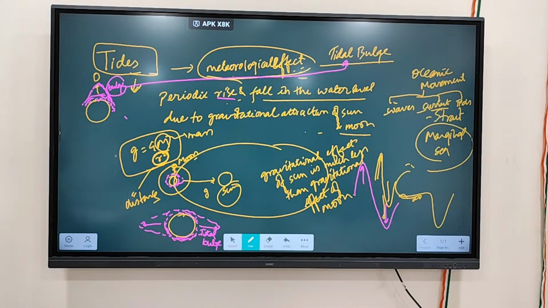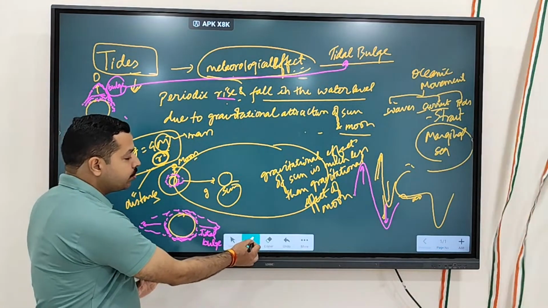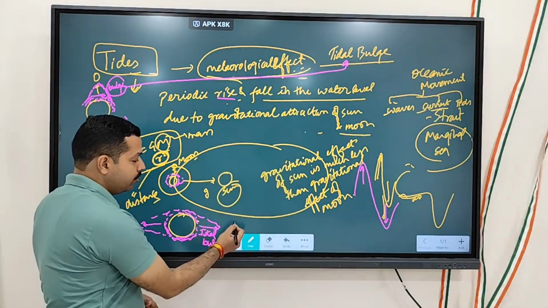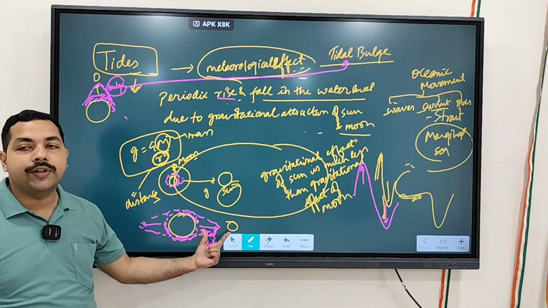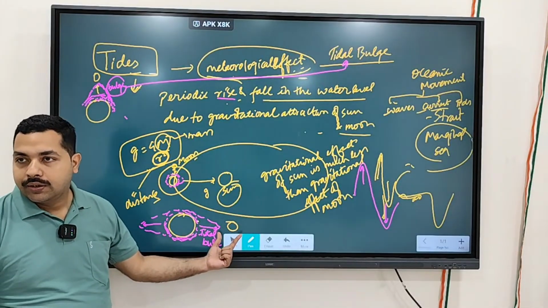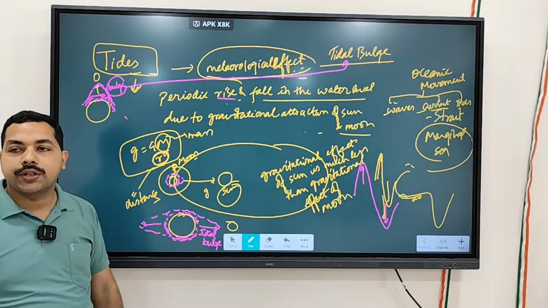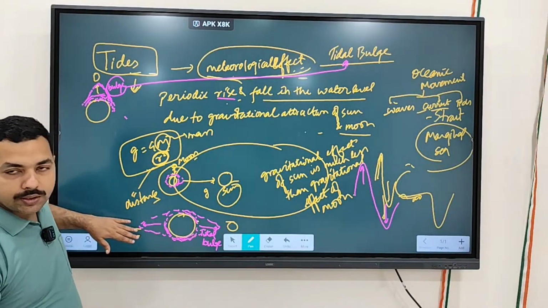Why do you observe two tidal bulges? Because when the moon is trying to attract, what is happening? You know that to every action there is an opposite reaction also. So the earth is trying to pull this water back also.